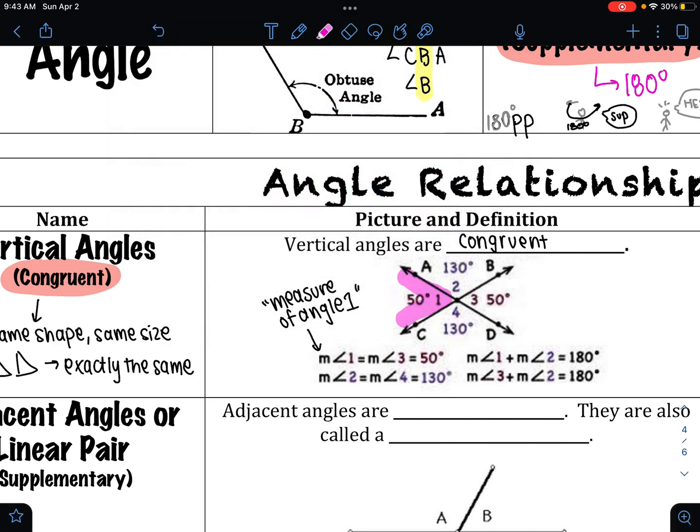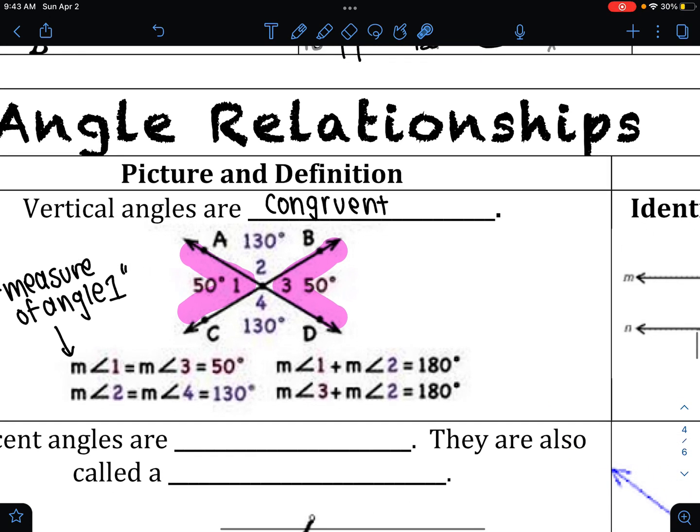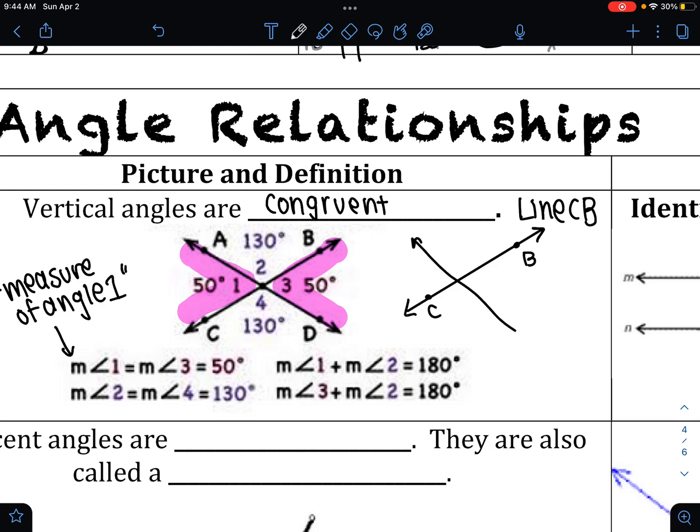So this one and this one are the same degree. And you'll see that this line and this line, so we have these 2 lines crossing. So that's kind of what vertical angles are. It's when 2 lines, so in this case we have line CB, crossing or intersecting another line, line AD.